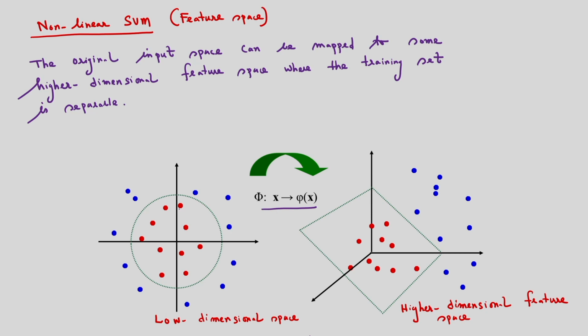So mathematically how to consider this case? Let us move to the next slide. What is the discriminant function now?